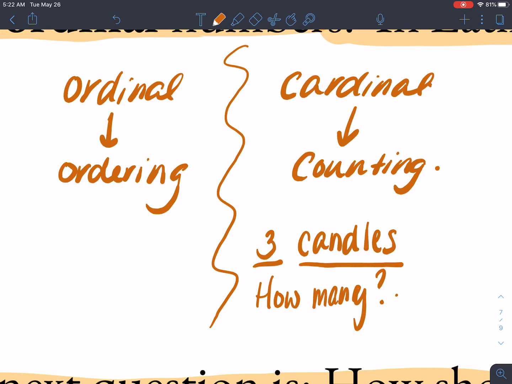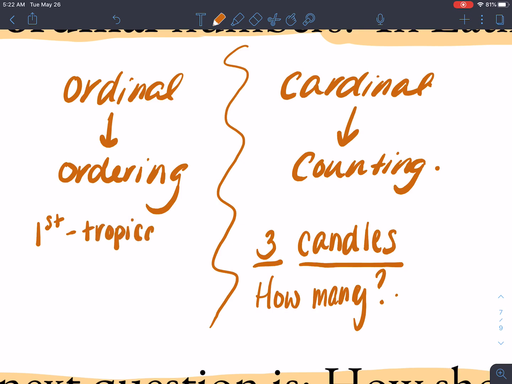All right, but let's say my friend wants to know when I bought these candles, right? What order did I get them in? Which one did I get first, right? Which one grabbed my attention first in the store? Okay, so I would say the first candle was the tropical breeze.